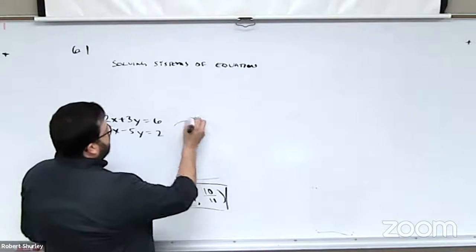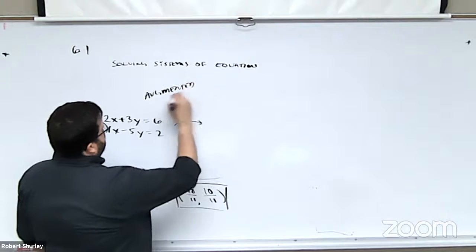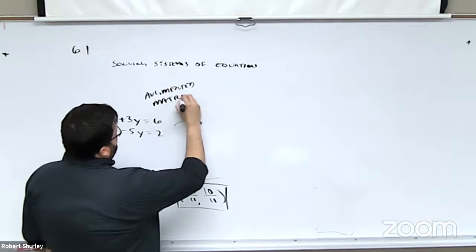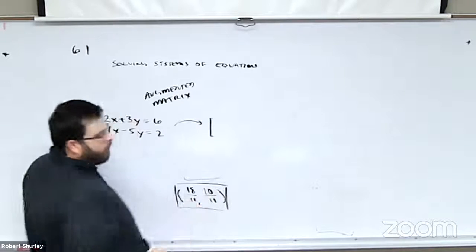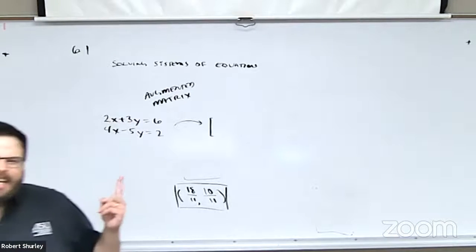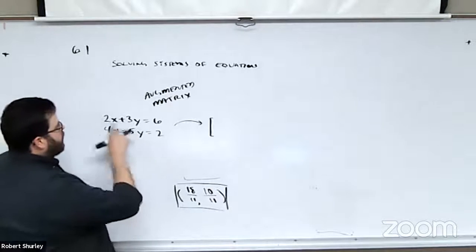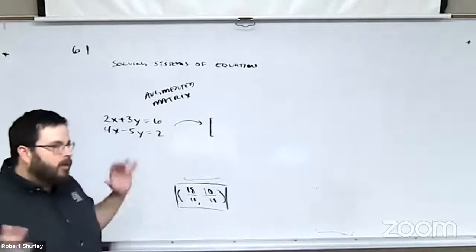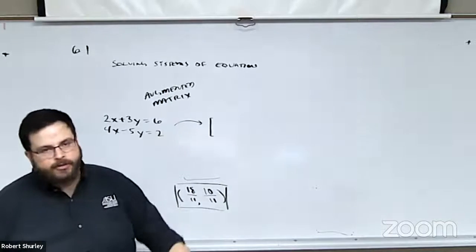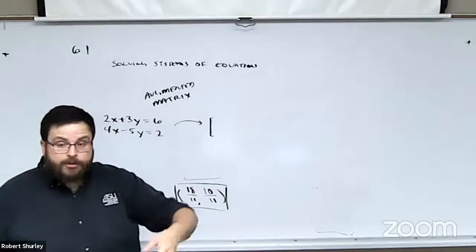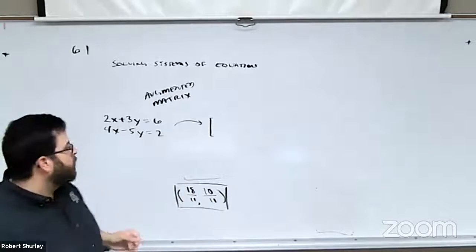Your book calls this an augmented matrix. The way we would write this, we use little brackets here, and the brackets are just the beginning and the end of the matrix. I'm going to write this first equation, but you don't write any variables. Variables are assumed: the first column is the first variable, the second column is the second variable, and the third column is the third variable.